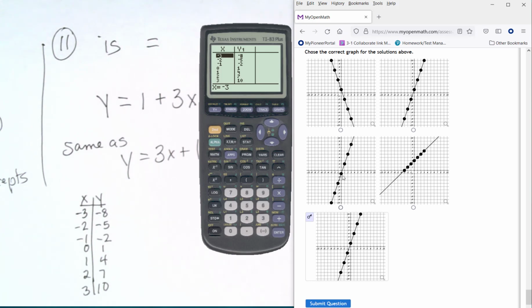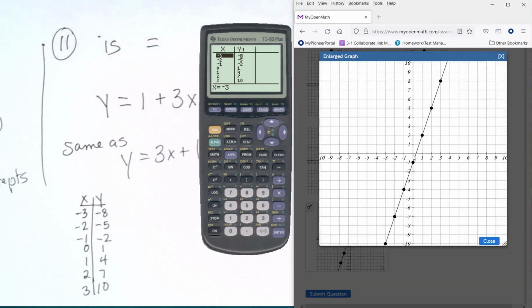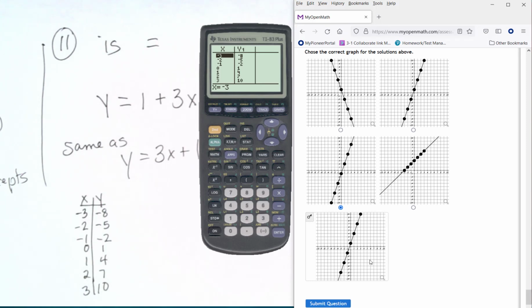Right, the other graph, if we look at it, over 0, up 1, nope, not this one. So it was our first one we looked at. It's going to be this choice that has over 0, up 1. So I just picked a point to match. If by chance the same point is on both of them, then you have to look for another point because one point could be on 2 graphs.